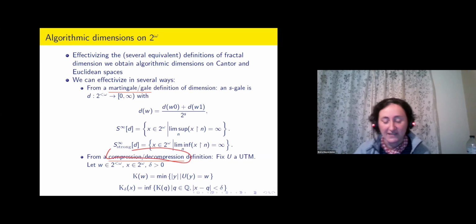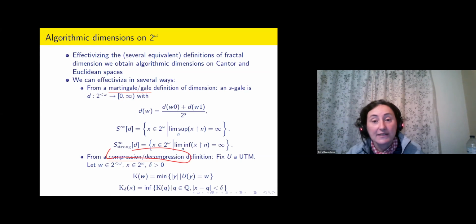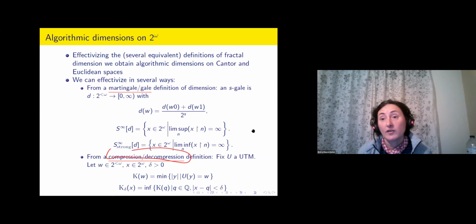Okay, apologies. So as you see, you have the usual Kolmogorov complexity for strings, the shortest description that gives you this string. And then, when looking at real numbers, it can also be interesting to look at the Kolmogorov complexity of a real number x at precision delta, meaning I am looking for the shortest description of a rational number that is delta close to x.